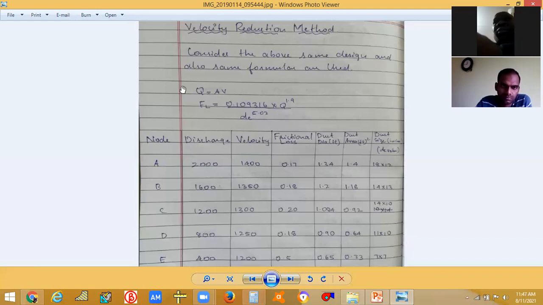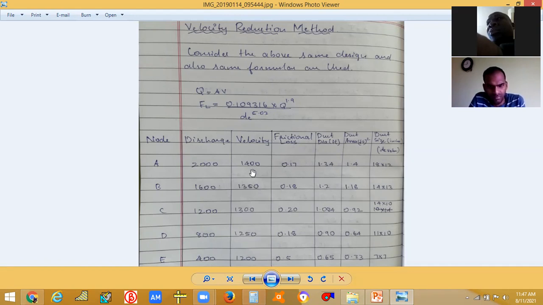Here, since it is a velocity reduction method, we are assuming a reduced velocity. See here, we are assuming and giving it here. So 1400 we have reduced to 1350, then 1300, 1250 and 1200. We have reduced according to our need.